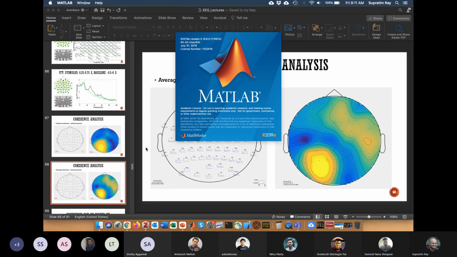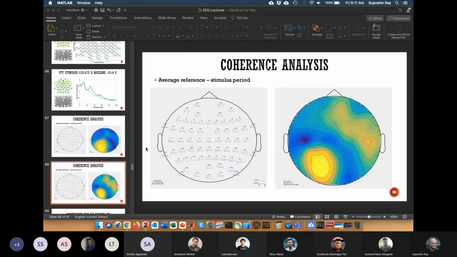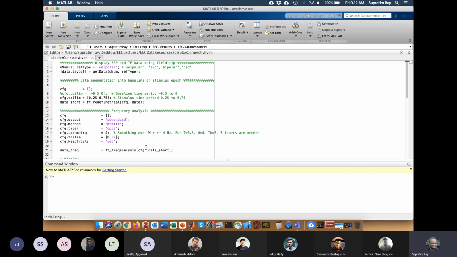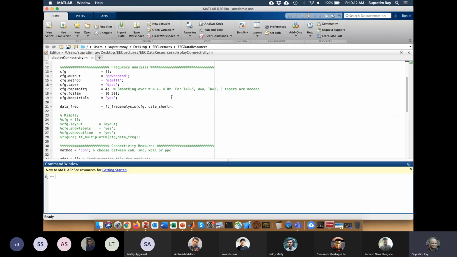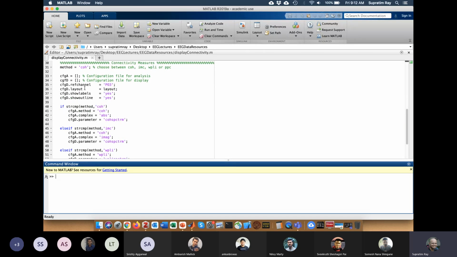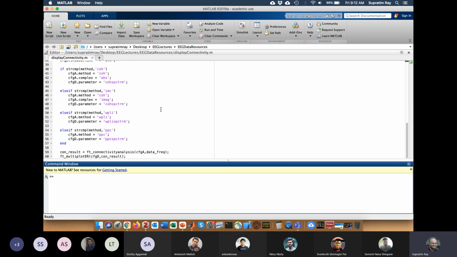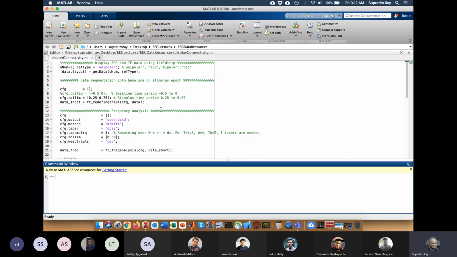So this is display connectivity.m, and here you can choose between the method coherence, imaginary coherence, weighted PLI or PPC, and the remaining ones. So let me just run this. So display connectivity.